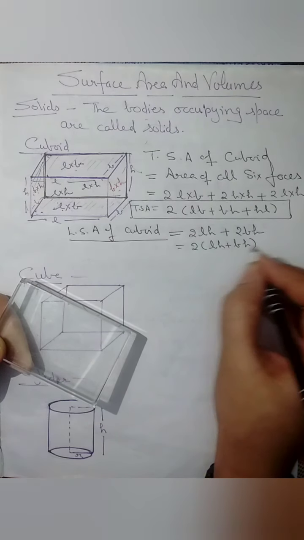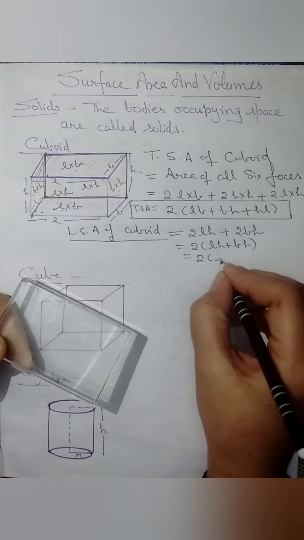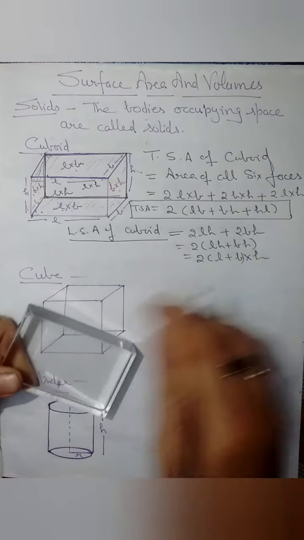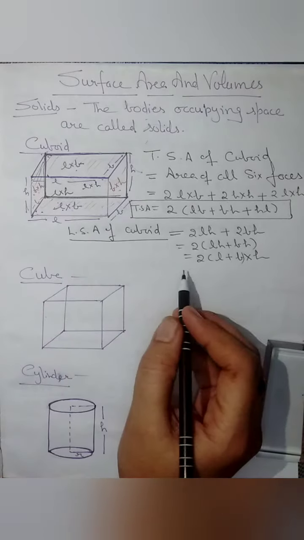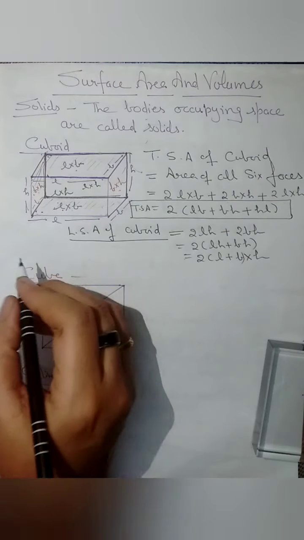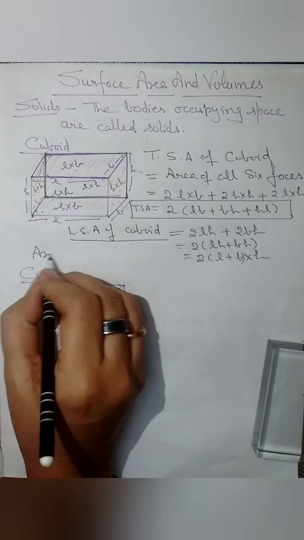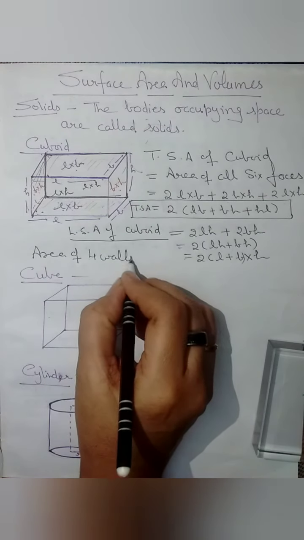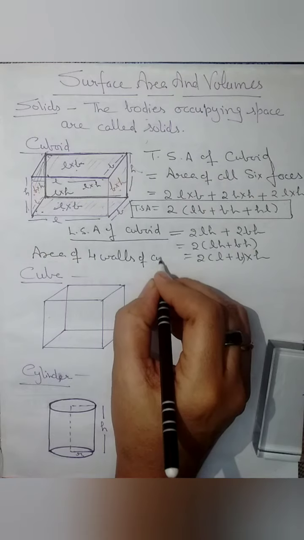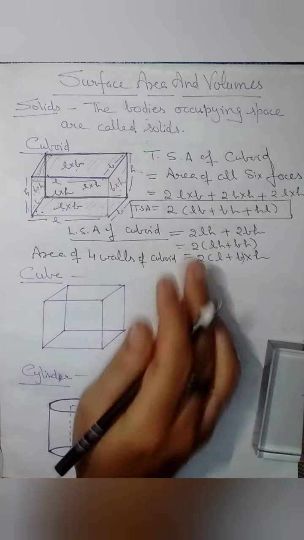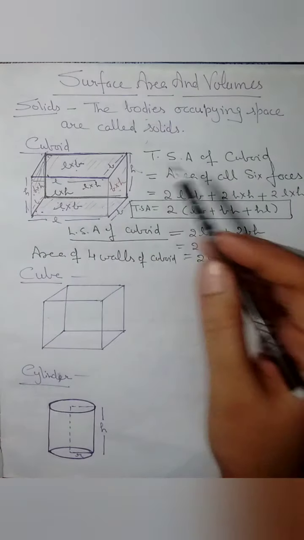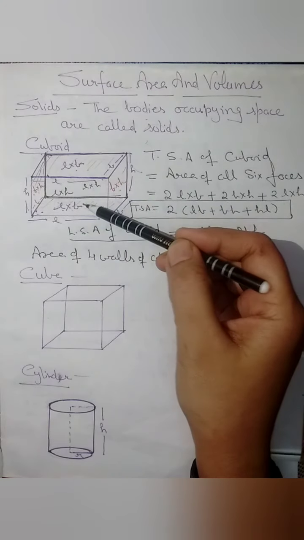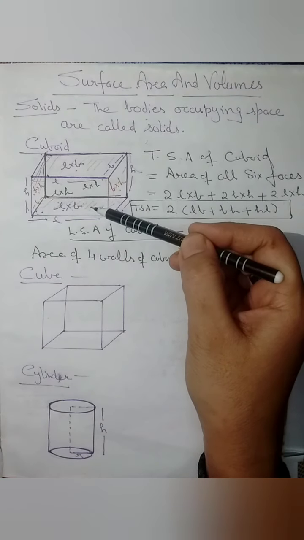Here we can see that H is also common, so 2 times L plus B, multiplied by H. We also consider this as the formula for the area of 4 walls of a cuboid or a room. It means if you have to find the lateral surface area, we will exclude the bottom and top.